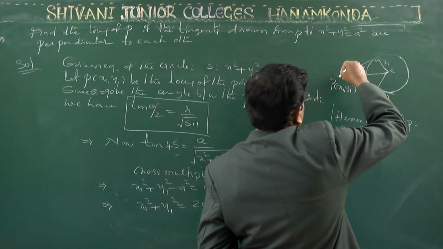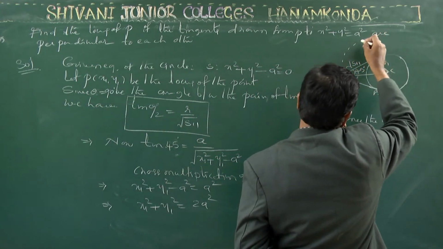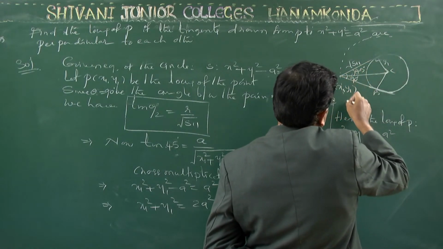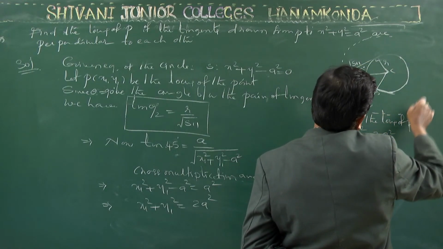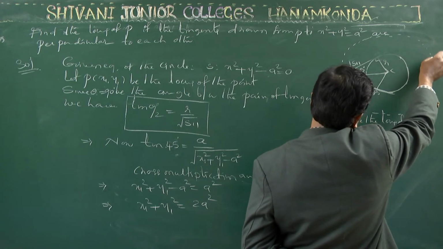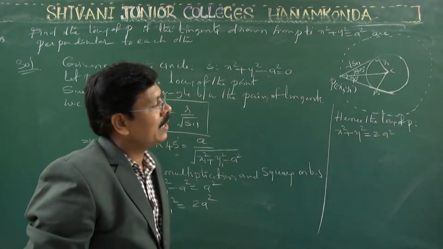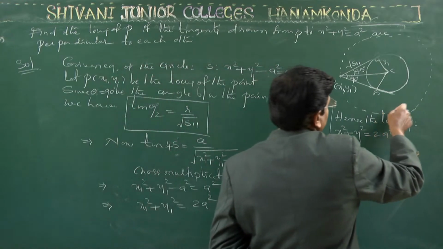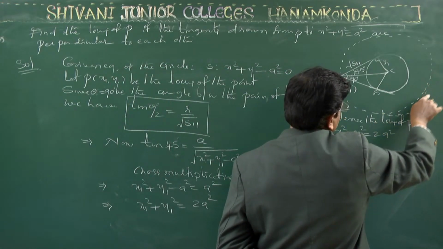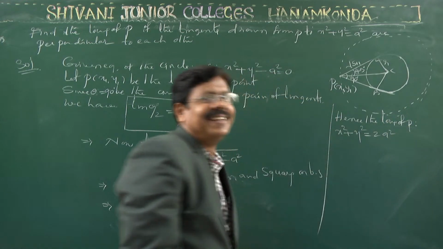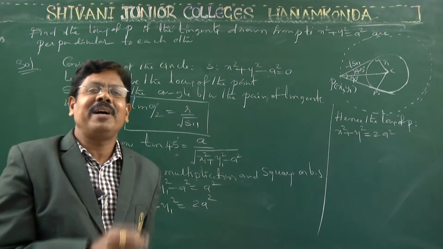So it is one of the director circles. What about the definition of the director circle? Once again, see. Director circle, the corresponding circle. So it is one of the important points.